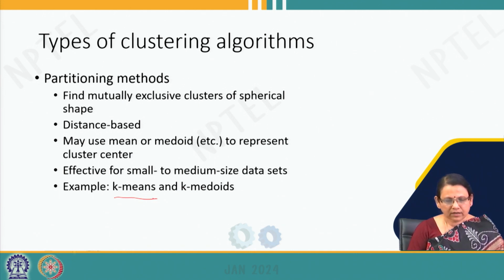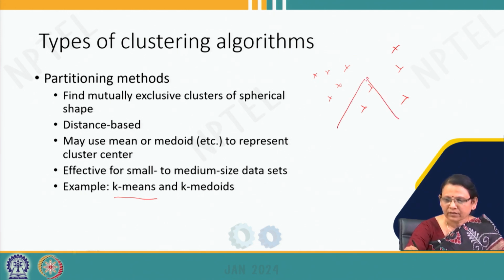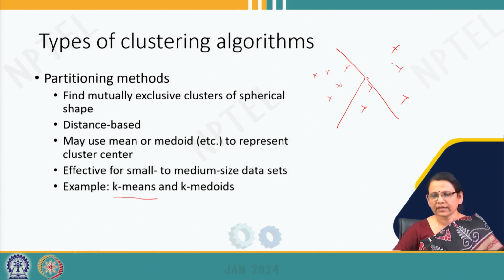And coming to this partitioning based method, if we have a number of, let us say, data points, then we will be able to group them, let us say, into 3 groups.